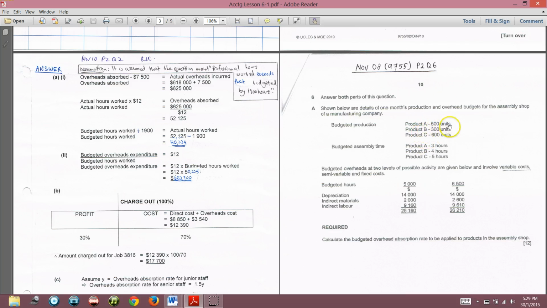Budgeted assembly time per unit of product A is 3 hours, and then per unit of product B and per unit of product C. Budgeted overheads at 2 levels of possible activity are given below and involve variable cost, semi-variable, and fixed cost.